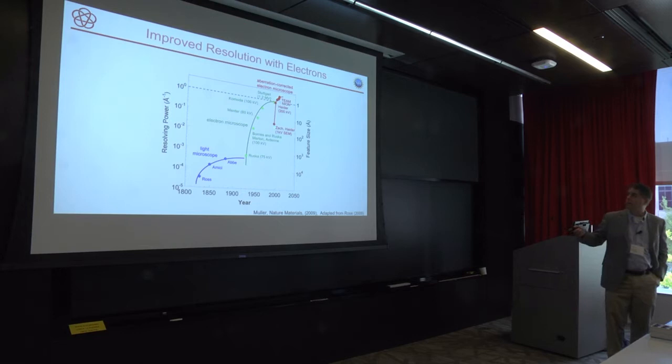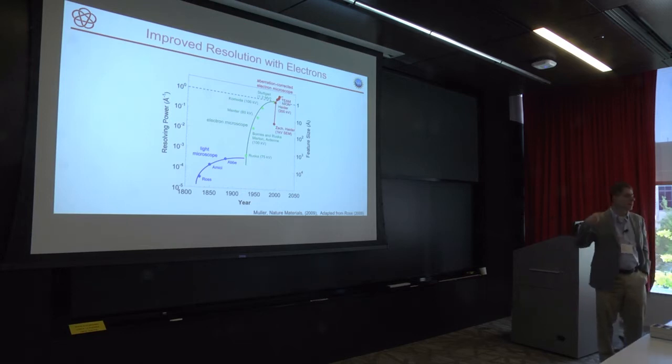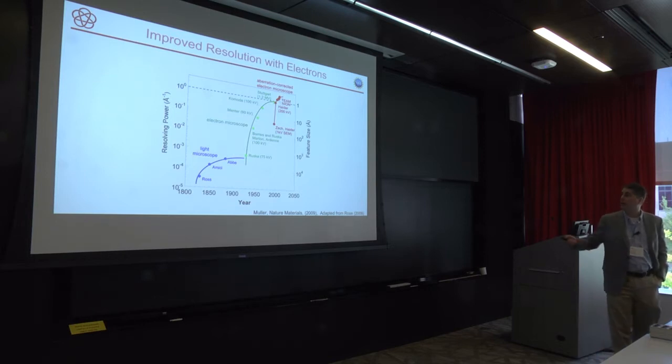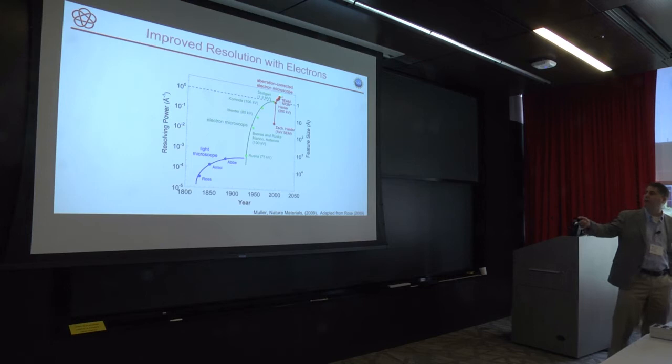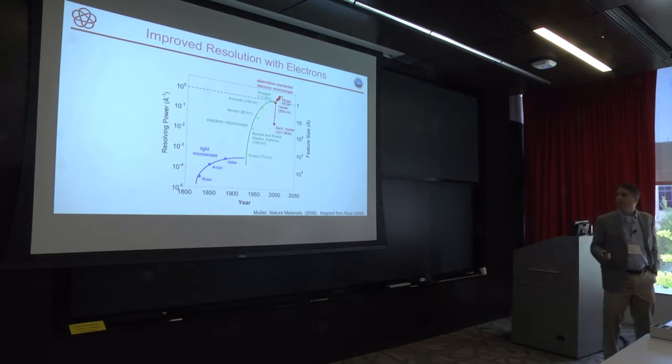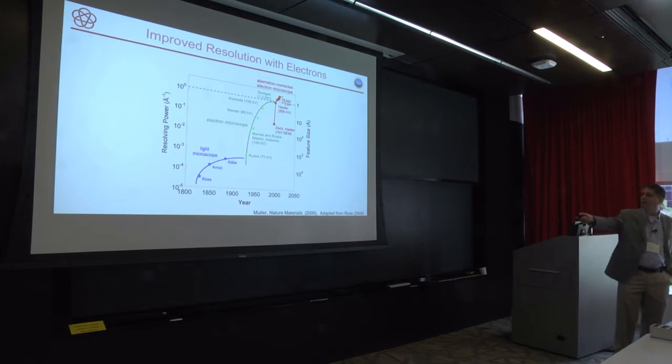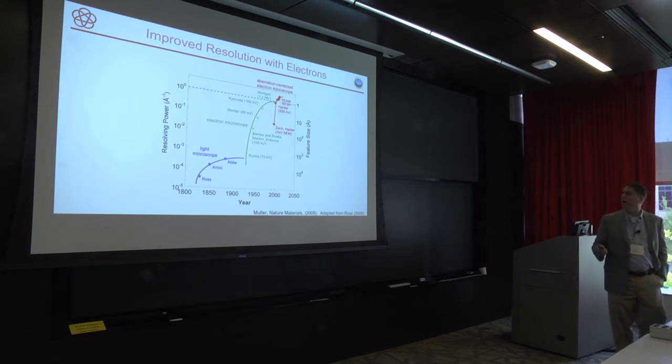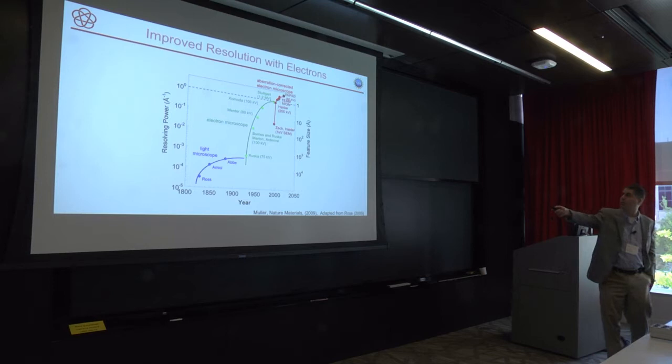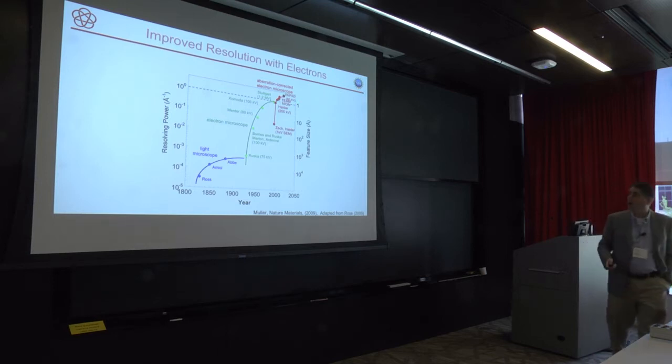And that led to substantial improvement in resolution at much lower beam voltages that made it a much less damaging process. And around about 2008, that had more or less matured and leveled off. And we haven't seen a lot of improvement on the hardware side, but recently, with improved detectors, we've been able to push that resolution a little bit more.